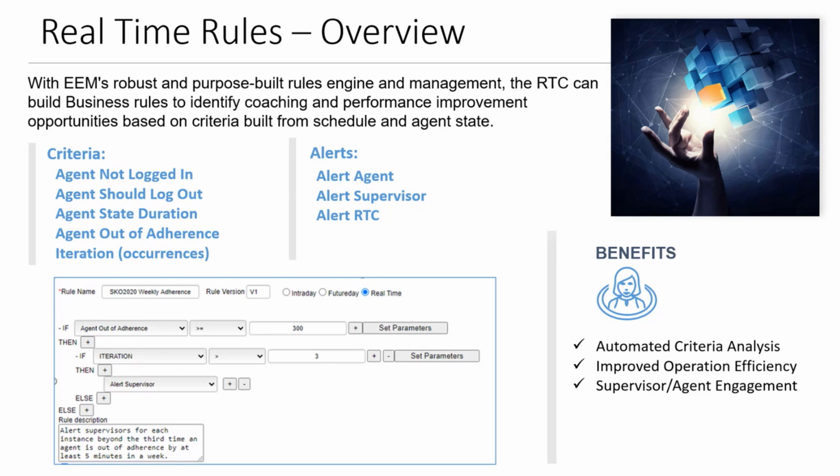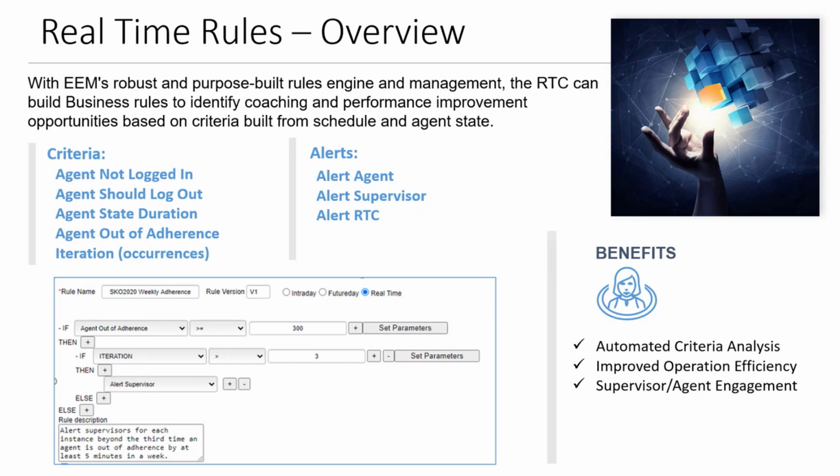Criteria based on agent state durations, based on being out of adherence: they should be in one state or one activity and they're not. And then we have ways of tracking the iterations, like how many times did this occur in a certain period.